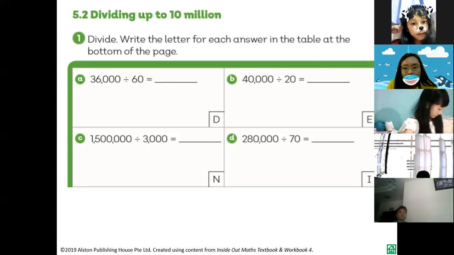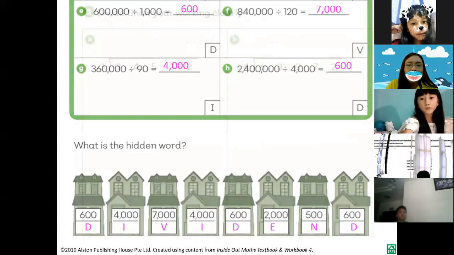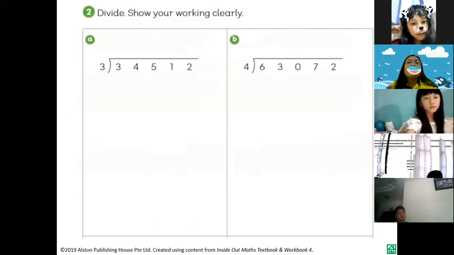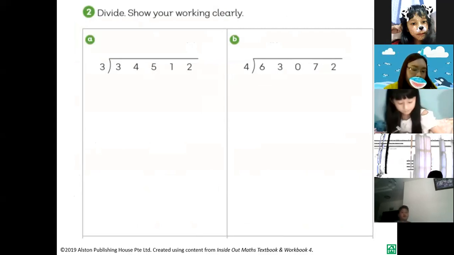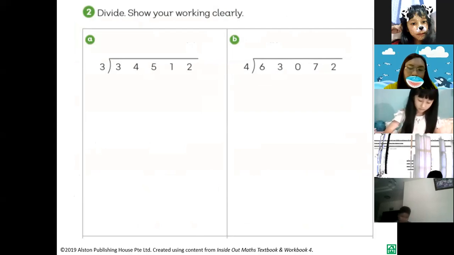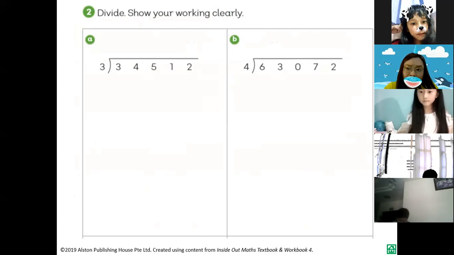Page, I'm sorry, 54. This one is finished. Here, I'm sorry. Number 2, number 3, and number 4, okay? Because we already answered number 1, right? So answer your math workbook on this page. What page number is this?